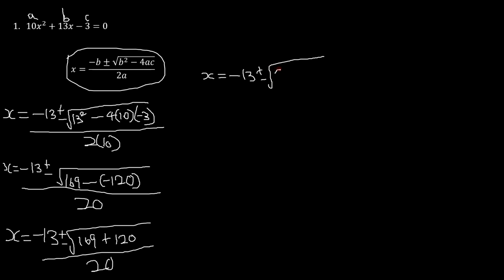So 169 plus 120 is 289, all over 20. So we still want to write x plus or minus the square root of 289, so 17 all over 20.